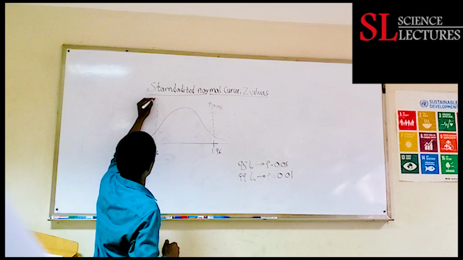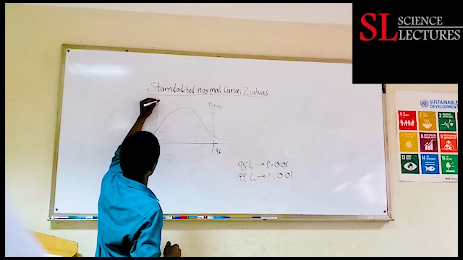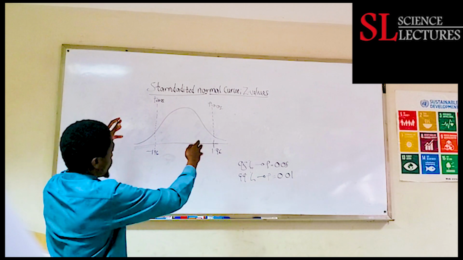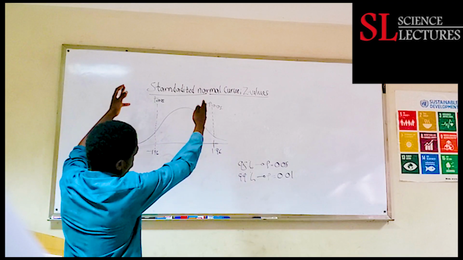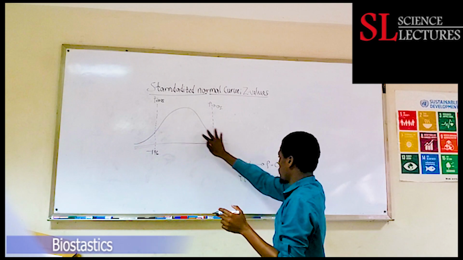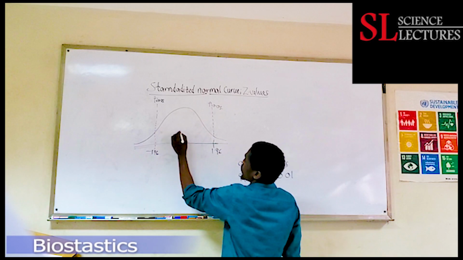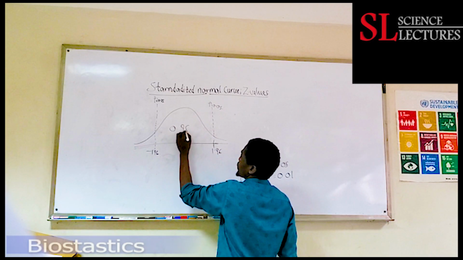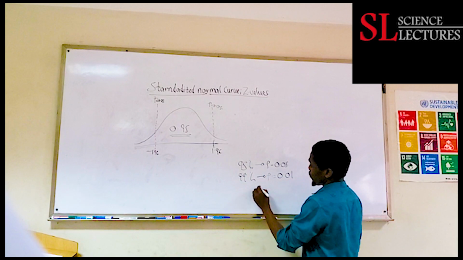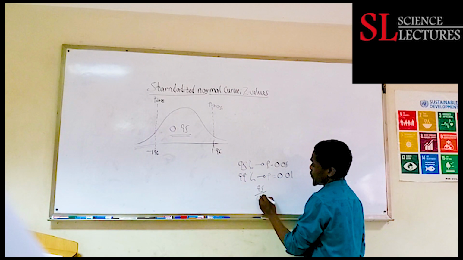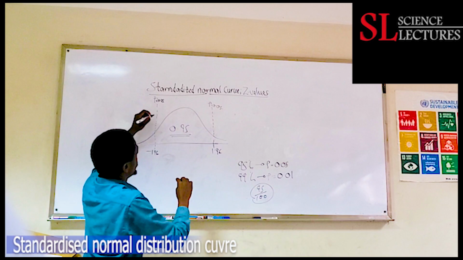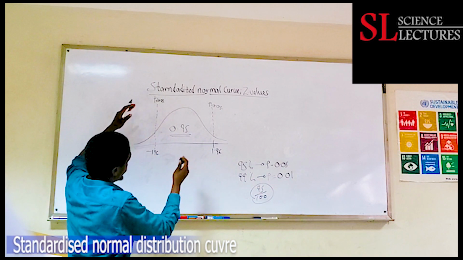Now this is also p equal to 0.05. So that is a standard critical for a z value of p equal to 0.05. This is a 95% region, or we can simply call it 0.95. We can define it in terms of numbers, because if we have 95 over 100, you will get 0.95. Simply that.